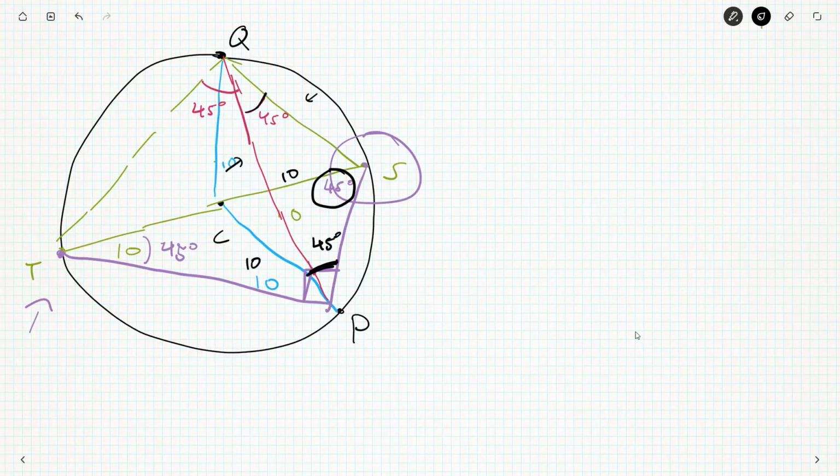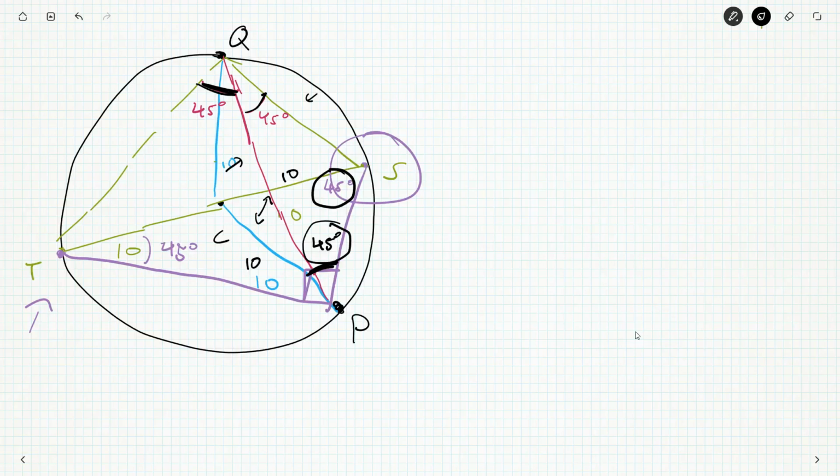All right, this 45 subtends S. Sorry, no, this 45 over here subtends PT. S subtends PT, so it should also be 45 degrees. But then we've got these two 10s here, which means that this is also 45 degrees. CPS.